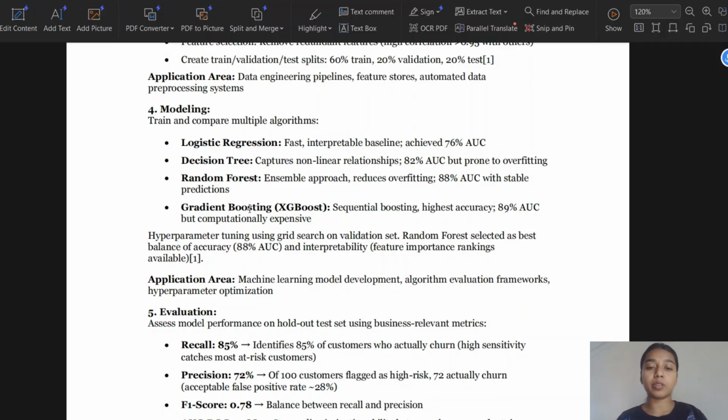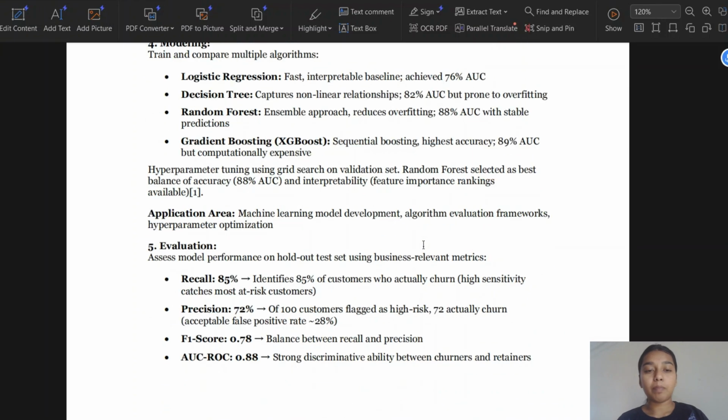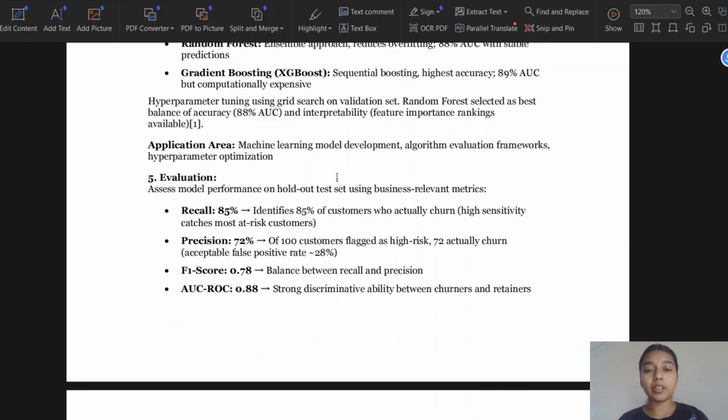Fourth, gradient boosting. Sequential boosting, highest accuracy. Hyperparameter tuning using grid search on the validation set. Random forest selected as the best balance of accuracy and interpretability. Application areas would be machine learning model development, algorithm evaluation frameworks, hyperparameter optimization.